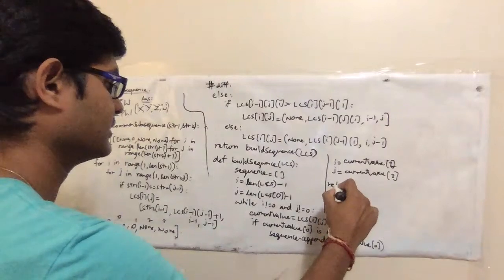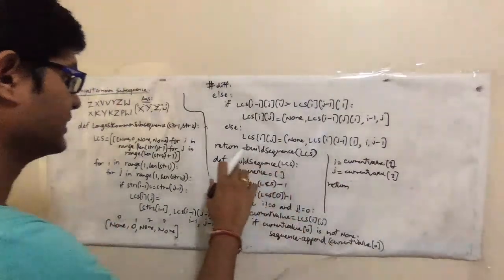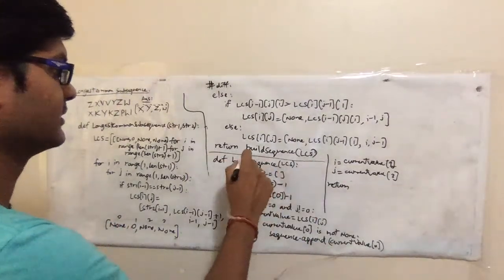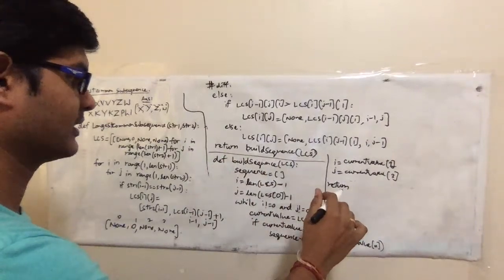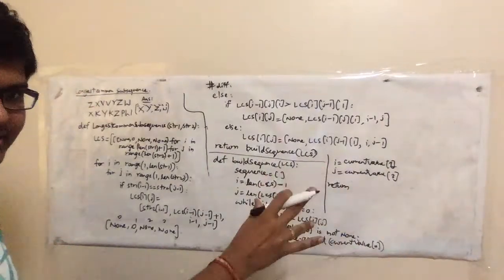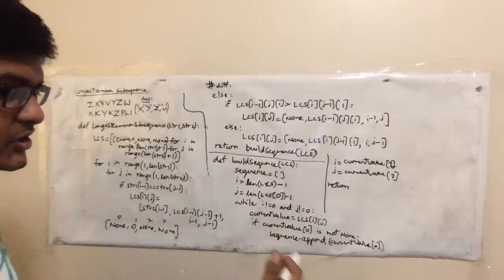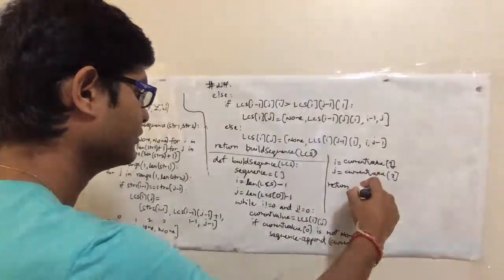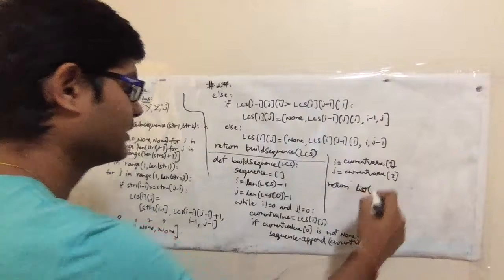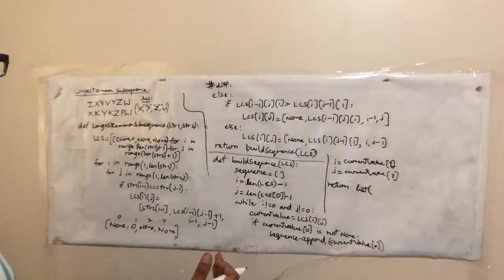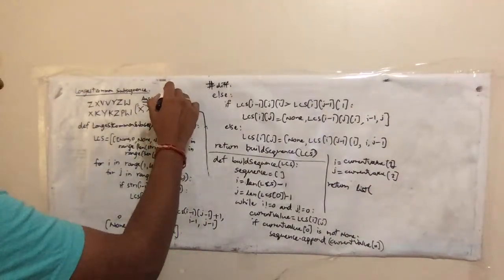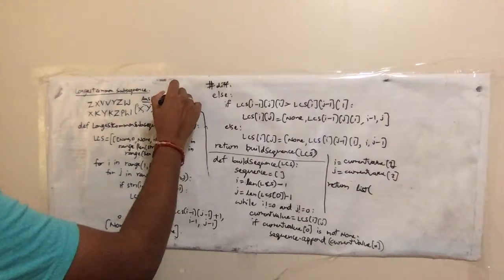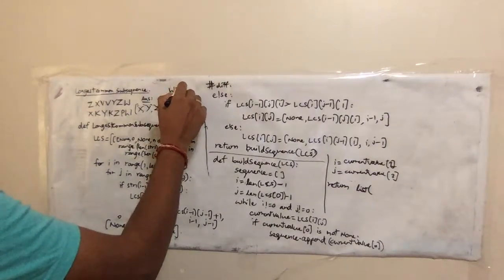So we need to return here. This part will create a string, so we need to make it a list and specify that it is present in reverse order. If you print as is, it will give w z y x.